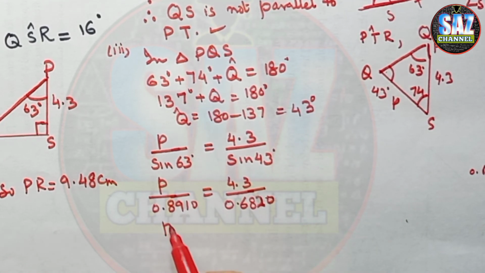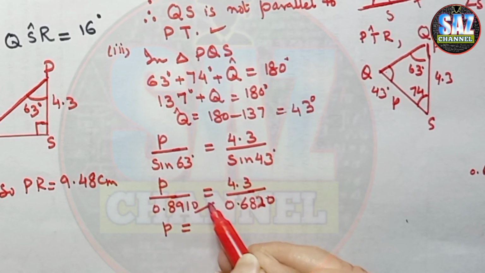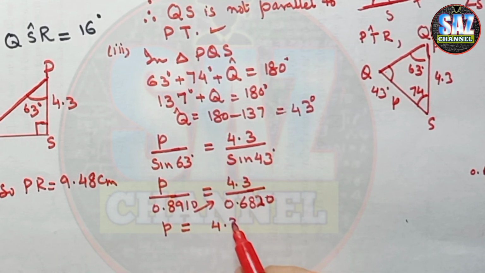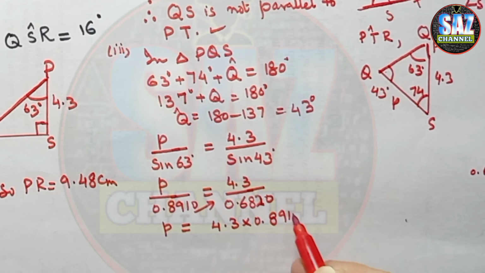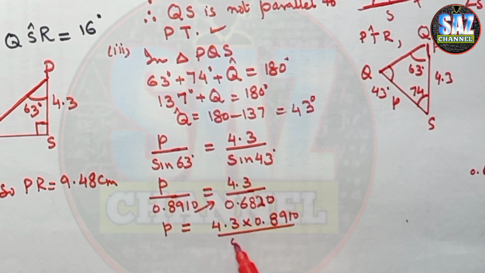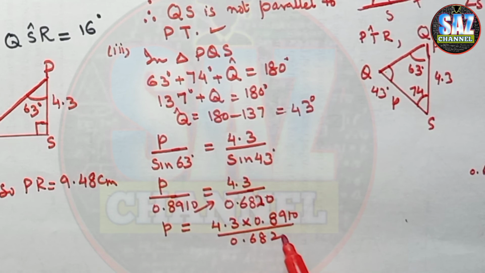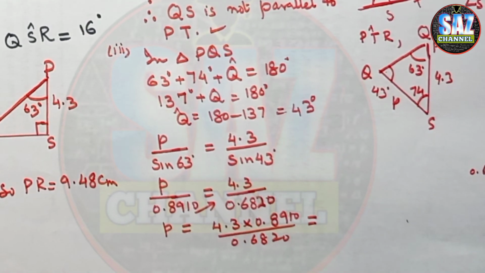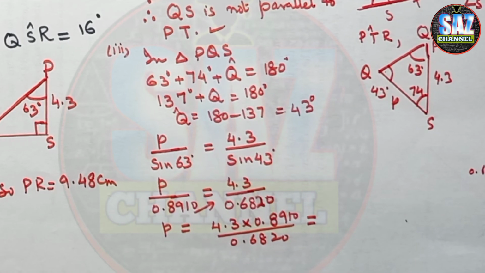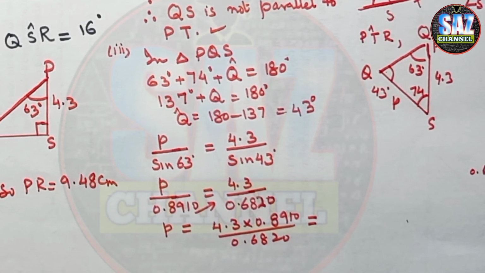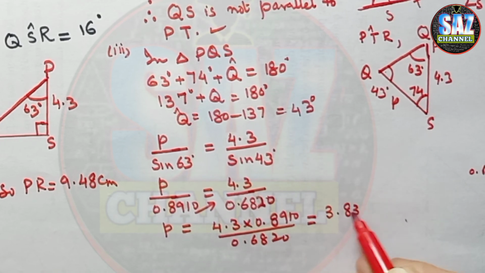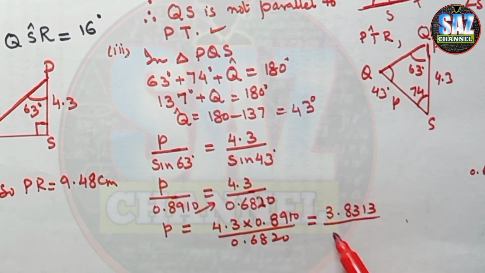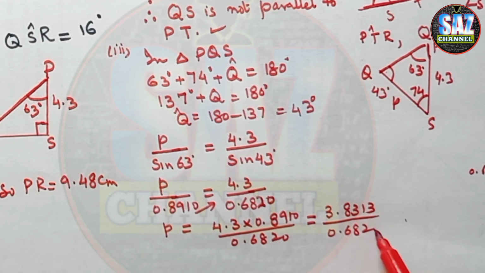Now QS will be equal to, I have to shift this, 4.3 times 0.8910 upon 0.6820. The product 4.3 multiplied by 0.8910 comes to 3.8313 upon 0.6820.